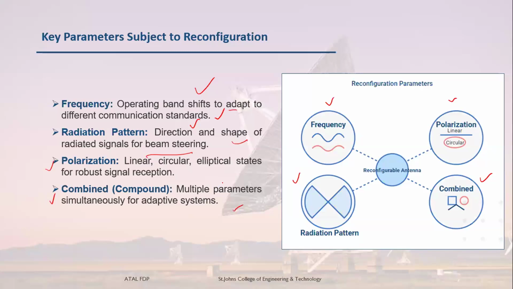So frequency, as you told, the frequency of operation can be known from return loss or S11 characteristics. Radiation pattern depends on the structure, and polarization also depends on the way we feed the signal. The way the current flows through the antenna will decide the type of polarization. Okay, first of all, the participant should have a little knowledge about these concepts.